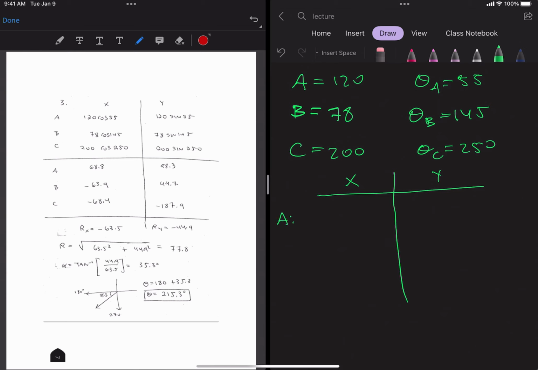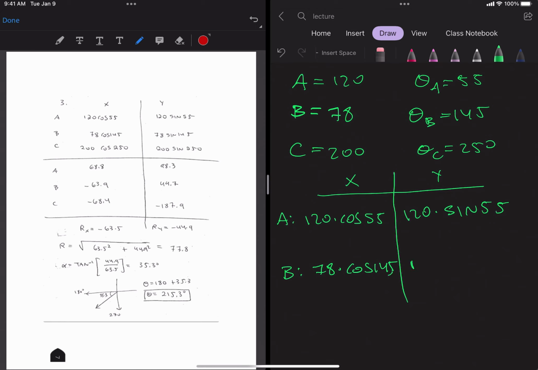First for vector A, the x component is going to be 120 times the cosine of the angle for vector A, 55, and the y component for vector A is going to be 120 times the sine of the angle for vector A, which is 55. For vector B, the x component is going to be 78 multiplied by the cosine of its angle, 145.